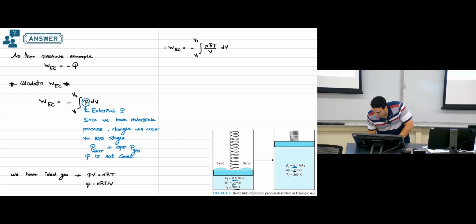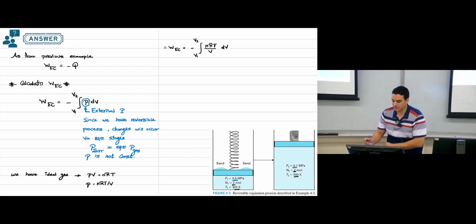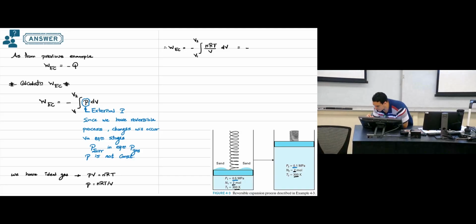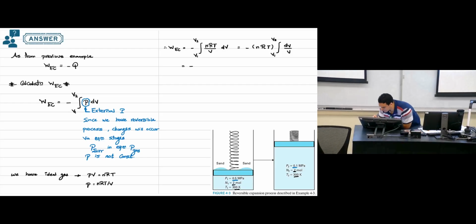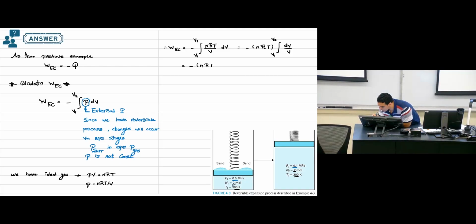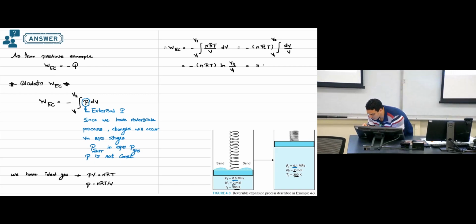Temperature is constant, 300. R is the ideal gas constant. So this will be negative nRT integration from V1 to V2 of dV over V. Integration of dV over V gives negative nRT times ln V2 over V1, or if you put the negative inside, this will be nRT ln V1 over V2.